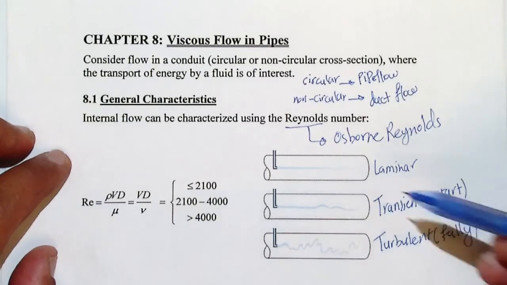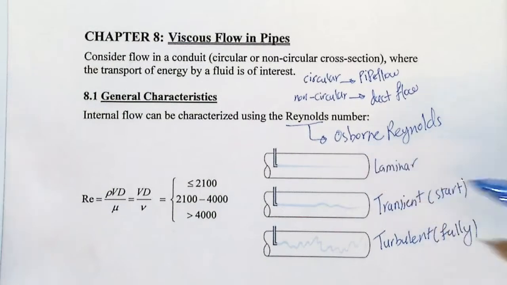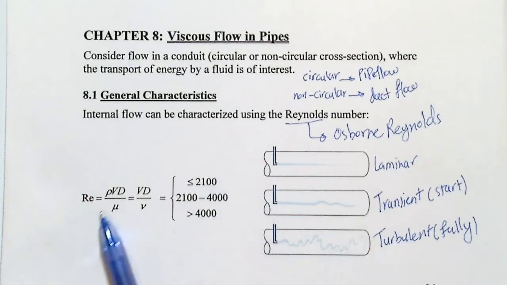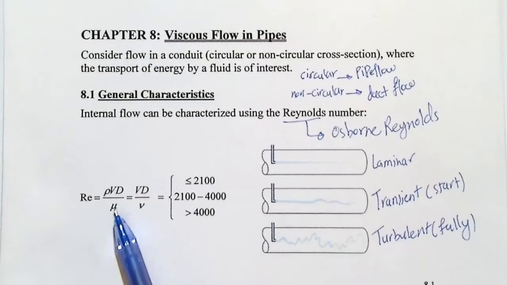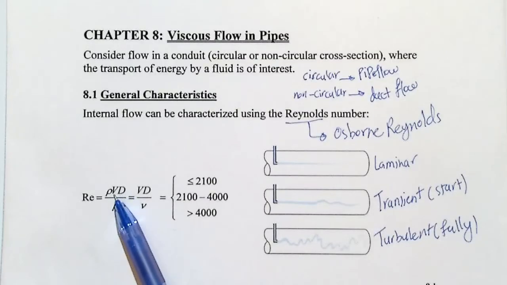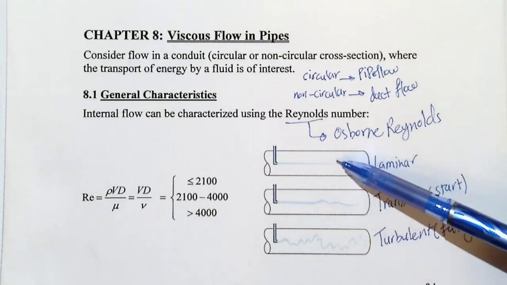Even though you have different pipes with different sizes or different fluids, it all shows that around a certain Reynolds number, which is a combination of the fluid type, its density and viscosity, the velocity of the flow, and also the diameter, so the geometric shape of the pipe.